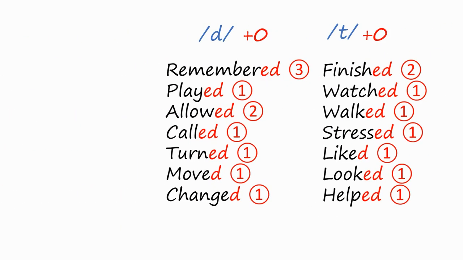So let's take a look at the other two categories. Remember, here we have the D and T endings, D and T, and there is no extra syllable. Let me pronounce these words for you.